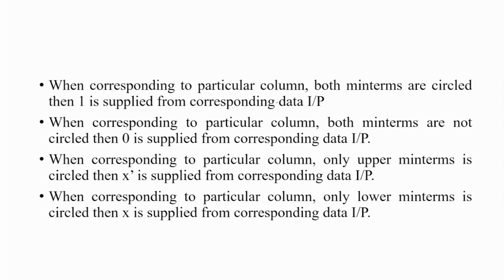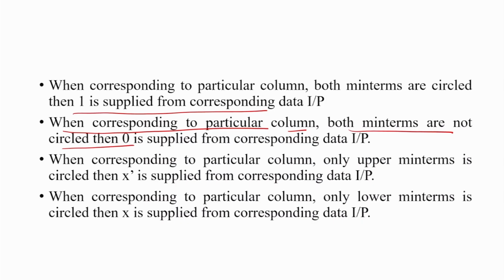When corresponding to a particular column both minterms are circled, then 1 is supplied from the corresponding data input. When corresponding to a particular column both minterms are not circled, this means 0 is supplied from the corresponding data input.